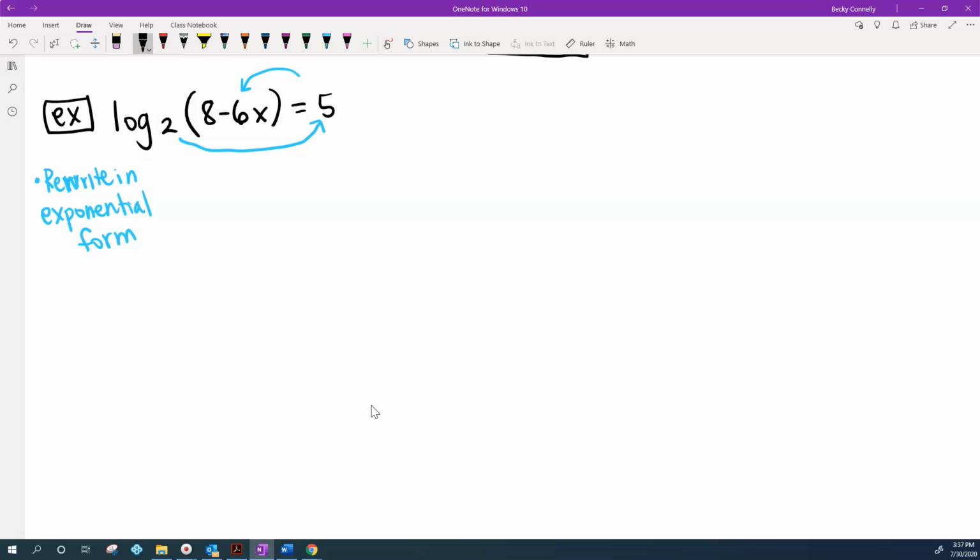All right, so 2 to the 5th power equals 8 minus 6x. Right? There's no longer a log in it because we changed it to exponent form. Right? So go ahead and try and take it from here and solve that one for x. Okay? Type your answer into the chat, but don't hit enter quite yet. I'll have you try that and see what you get.